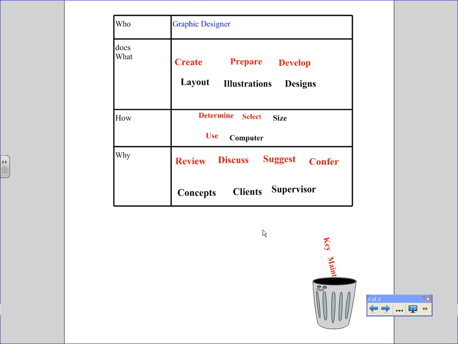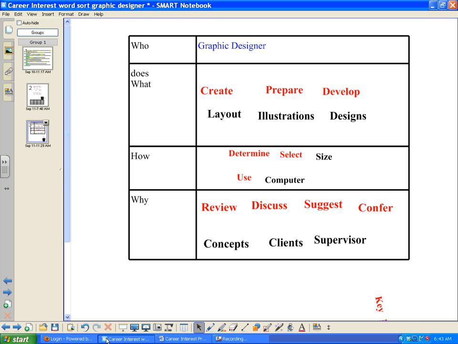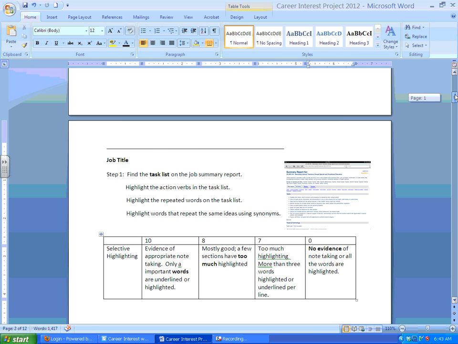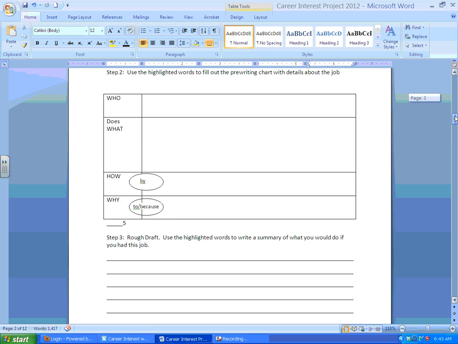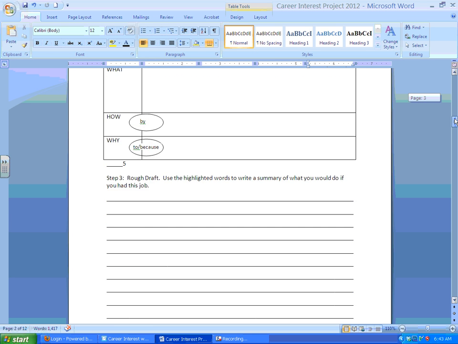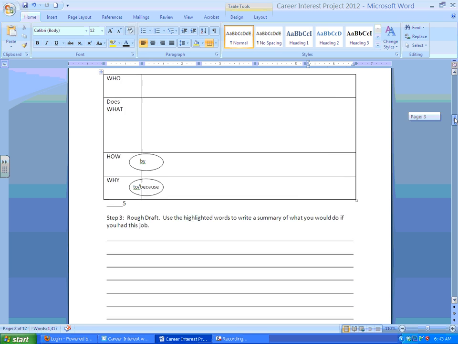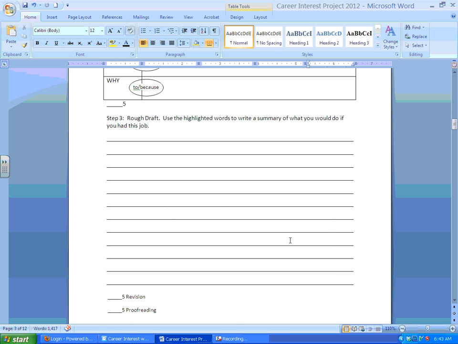Now all you have to do is take this pre-writing and write your summary for a graphic designer. And on your project, I'll show you where that is. We just modeled together the invisible process that happens in your brain when you highlight something, plan out what you're going to say by organizing like ideas together, and then you would independently write your rough draft right here.